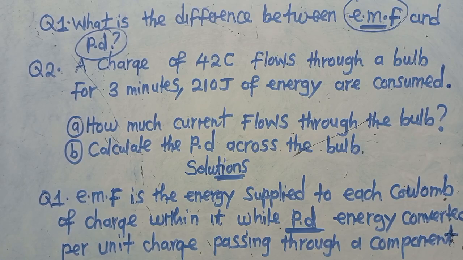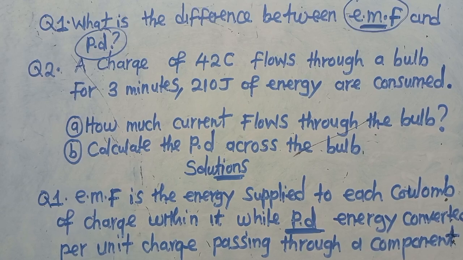A good example is when the charges flow through a bulb in a circuit, their energy is converted to heat and light energy, where we are able to see light. If it's a phone, it is charging. So that energy that is being consumed is what we call potential difference.